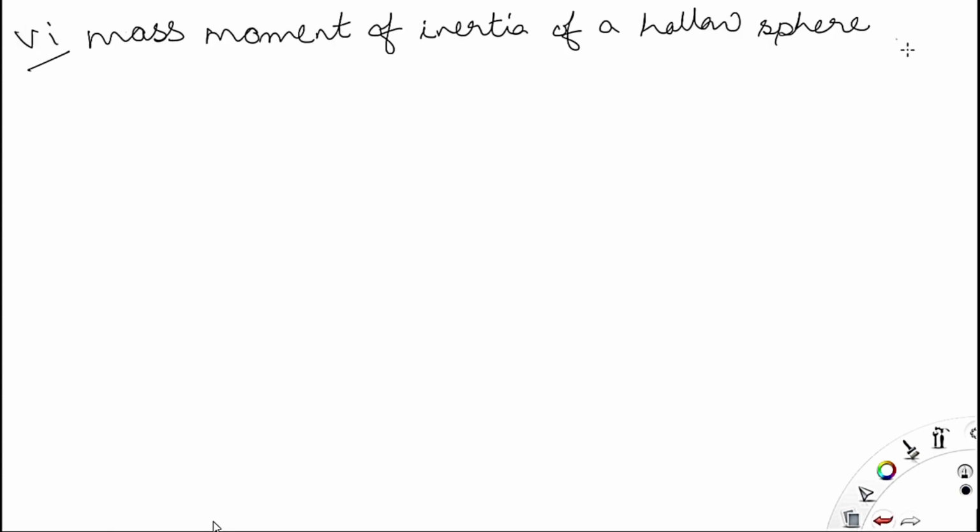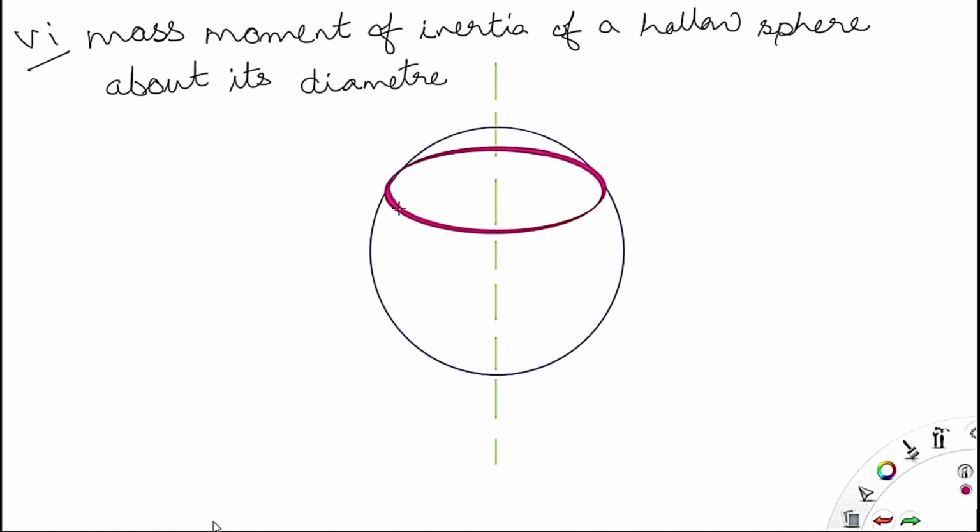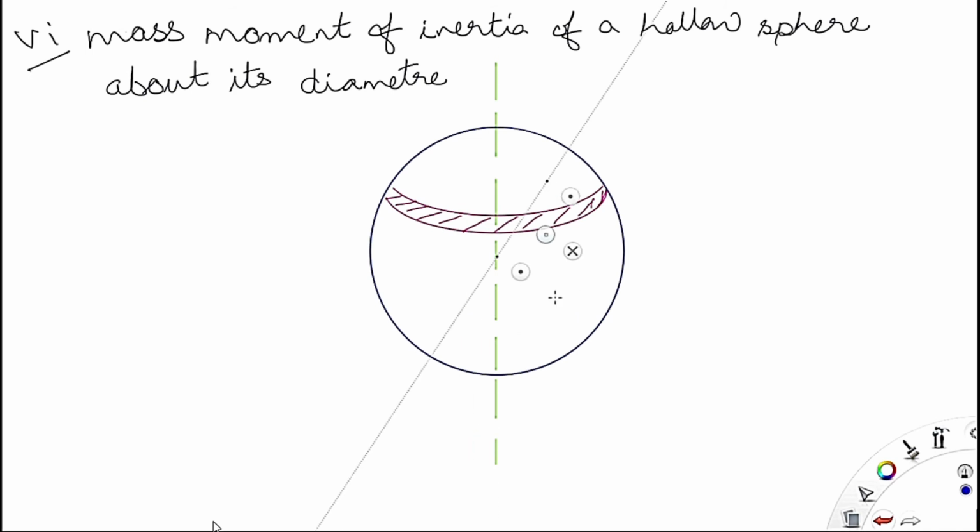Now for a hollow sphere, about its diameter, this arc ds is equal to R d theta. D theta is the angle subtended by this arc at the center. So ds is equal to R d theta.